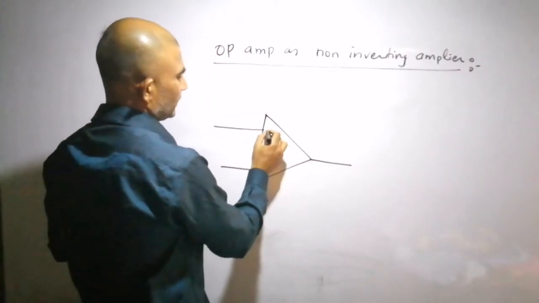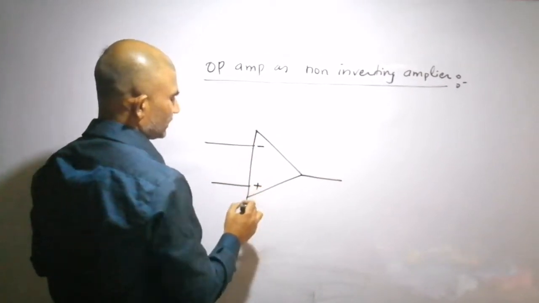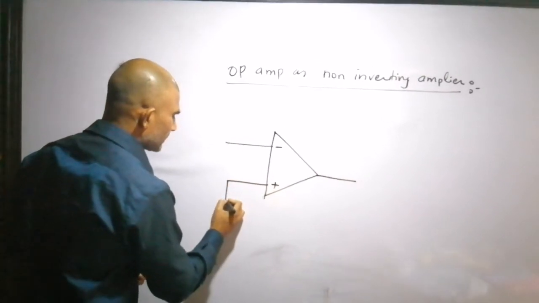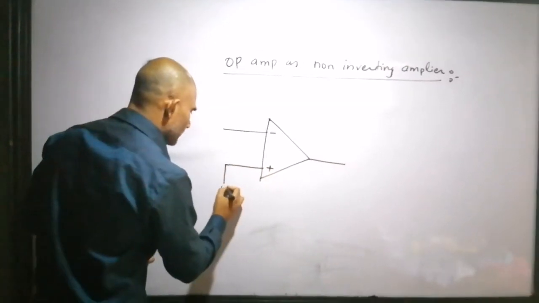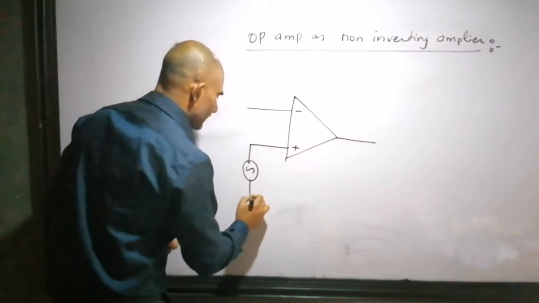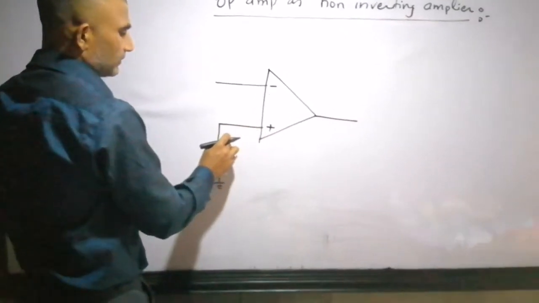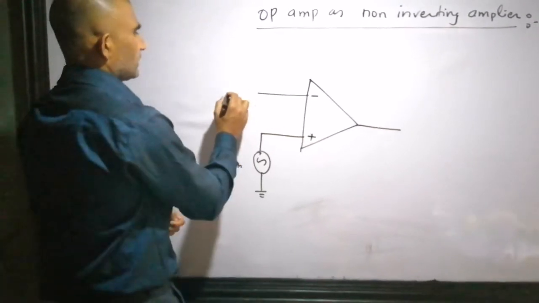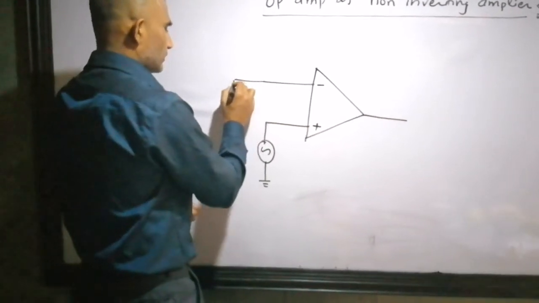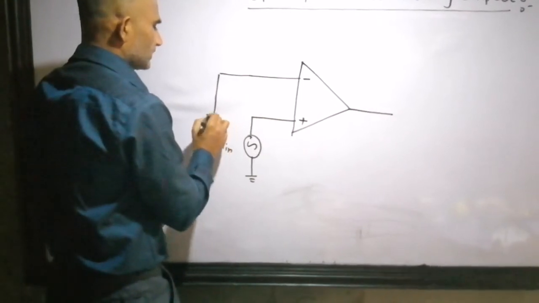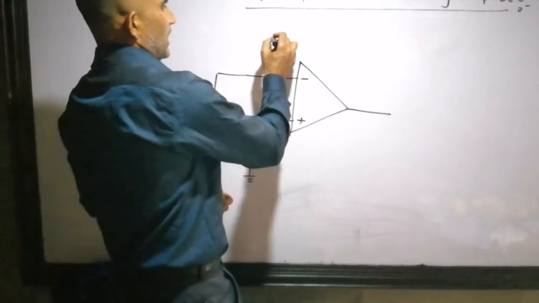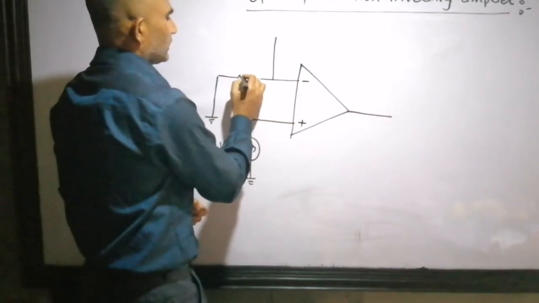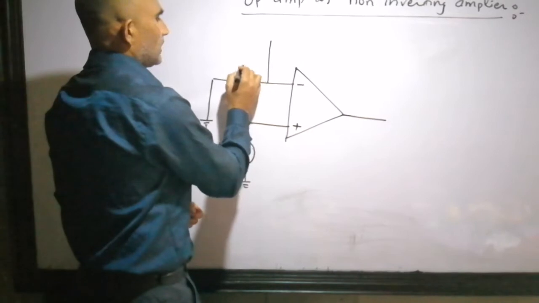This is the non-inverting input, and this is the inverting input. Today we are going to give the input to the non-inverting input. I have connected the signal here, maybe this input voltage V, and the inverting input terminal is grounded through a series resistance that we call R1.